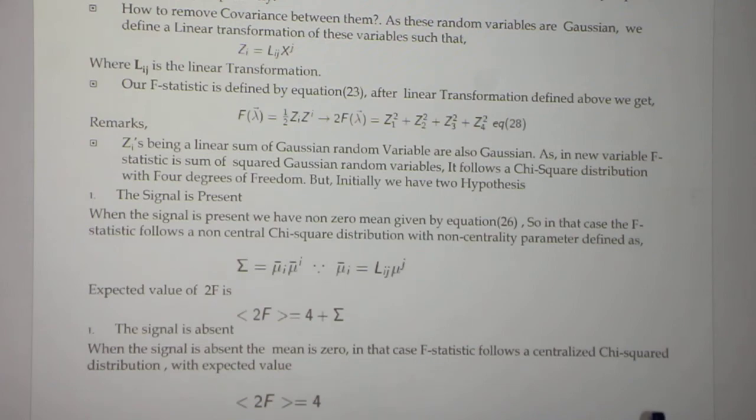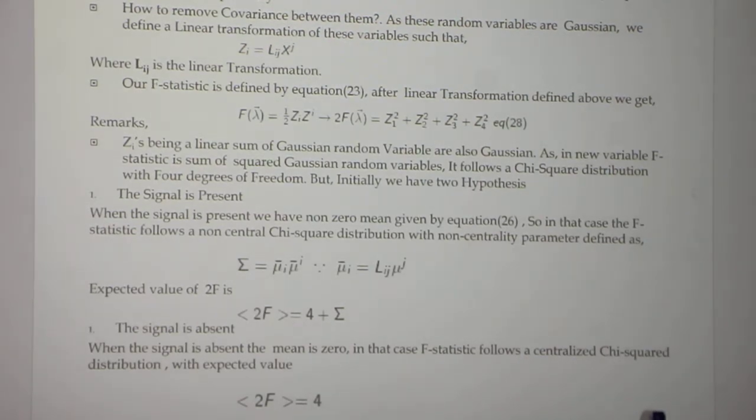In the case when the signal is absent, we don't have a mean in the data. The data only consists of noise, and we initially considered that the noise has zero mean.